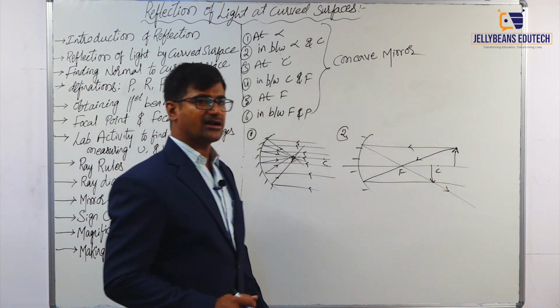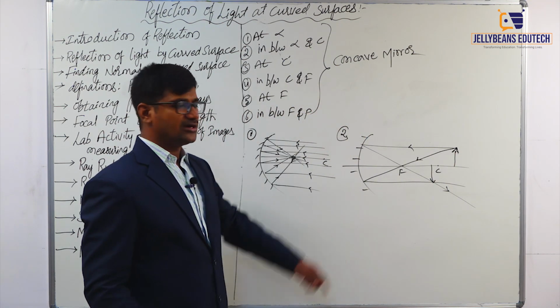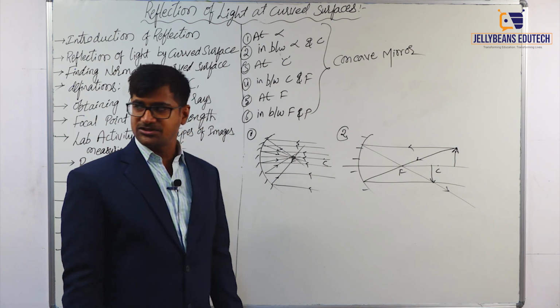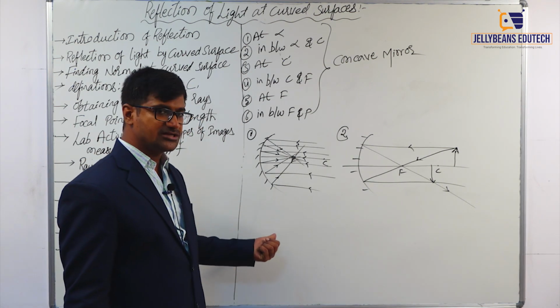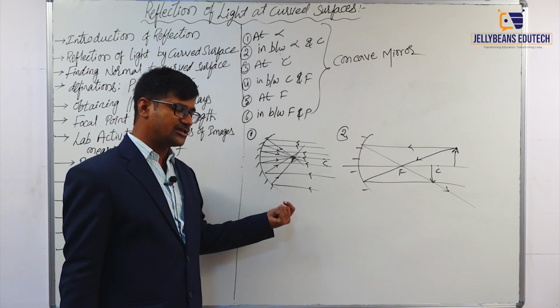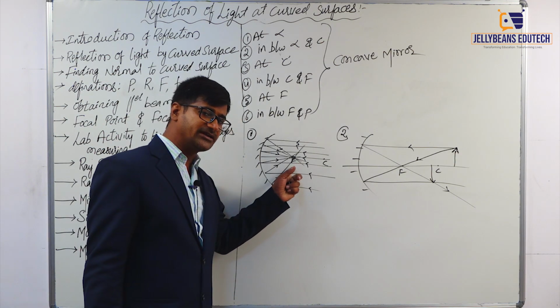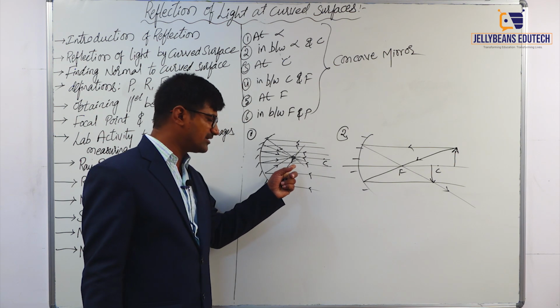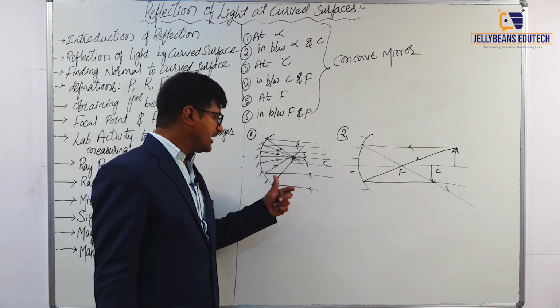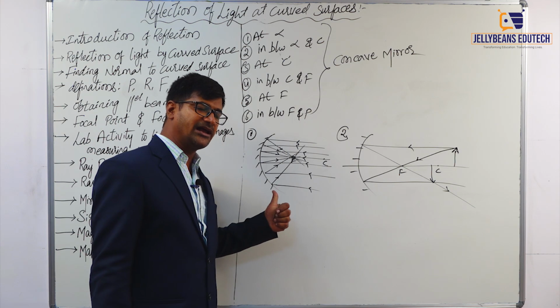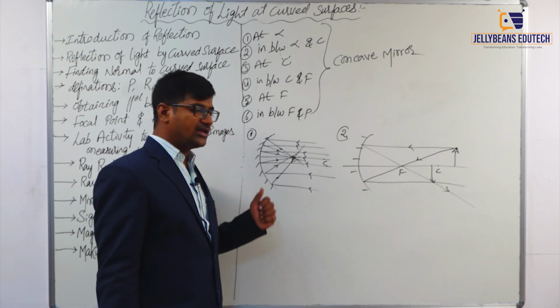Coming to the nature of the images: in the first case, the nature of the image is real. The image is formed at F because all the light rays converge at F, and the image is highly diminished and inverted.